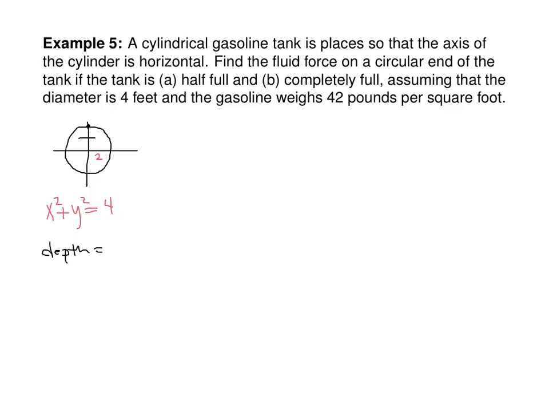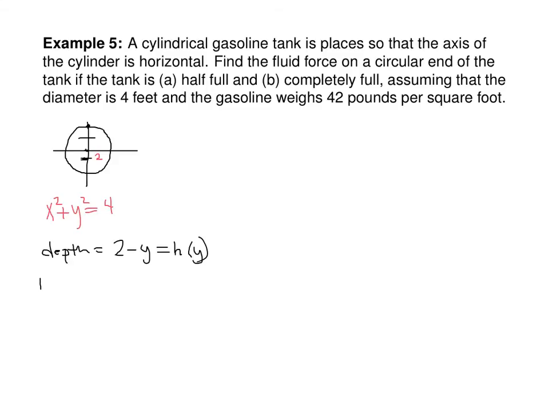When we plug in y equals 0, we should have a depth of 2. When we plug in y equals -1, our depth should be 3. So the depth is given by the function 2 minus y. So 2 minus the y value tells you the depth. So if you are corresponding to a y value of -1, the depth is 2 minus -1, or 3.